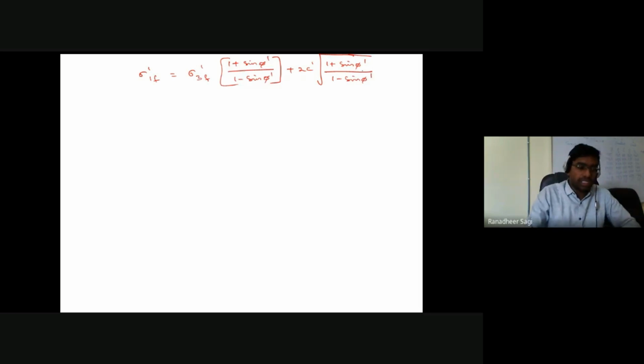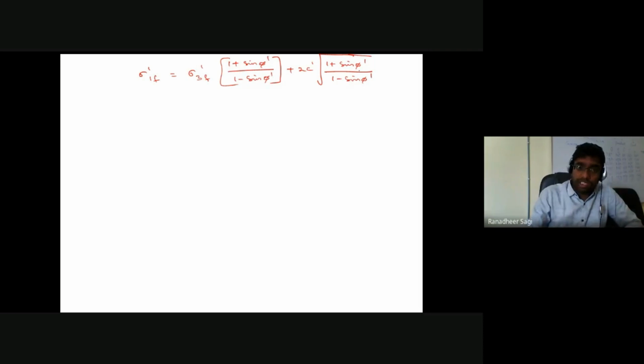This is sigma 3 dash at failure into (1 plus sine phi dash) divided by (1 minus sine phi dash), plus 2c dash into the square root of (1 plus sine phi dash) by (1 minus sine phi dash). This is in terms of your effective state of stress condition.